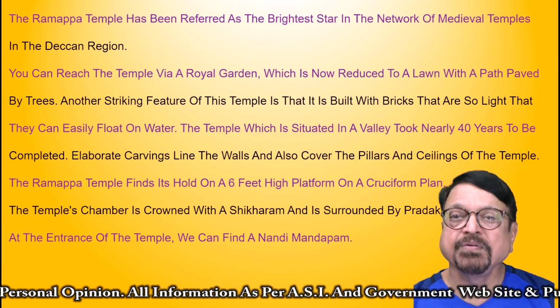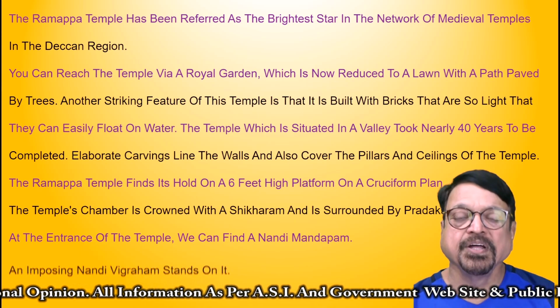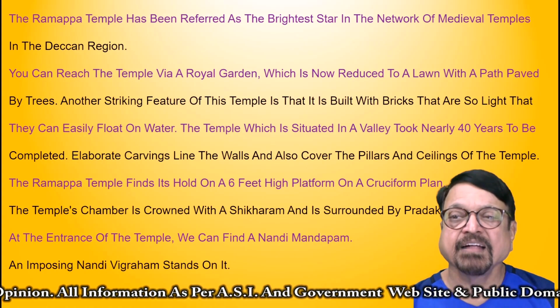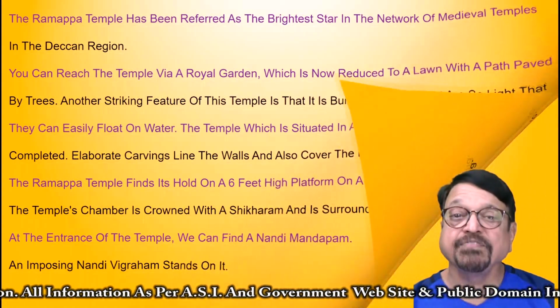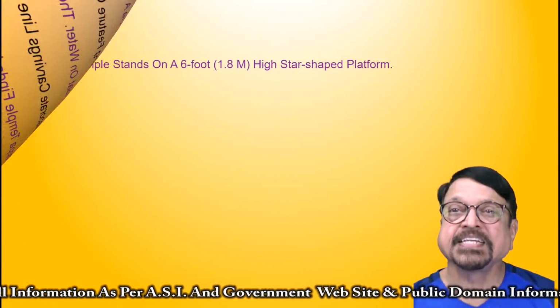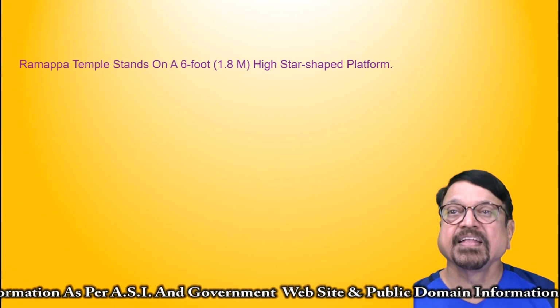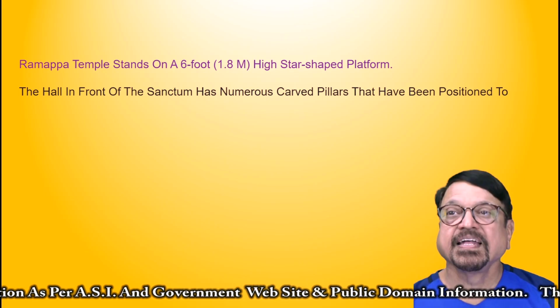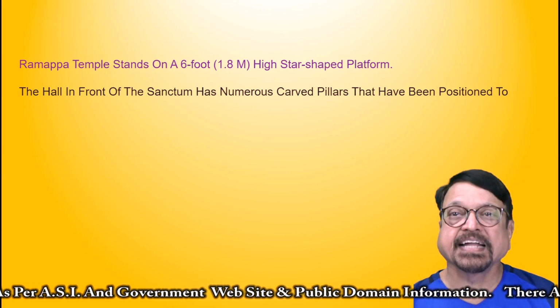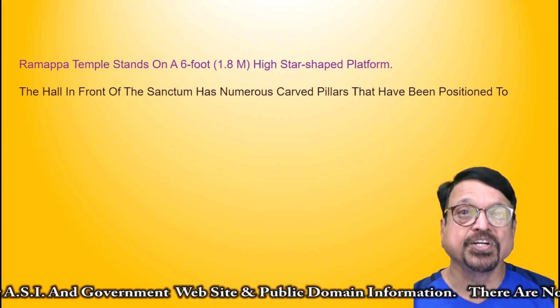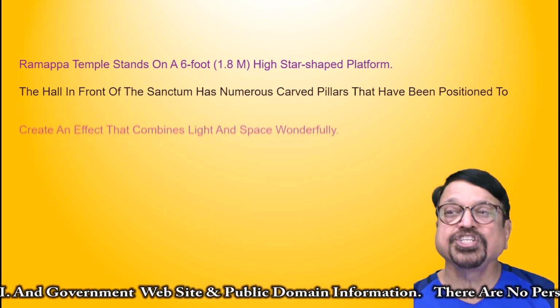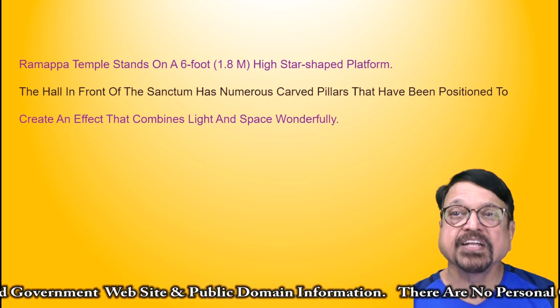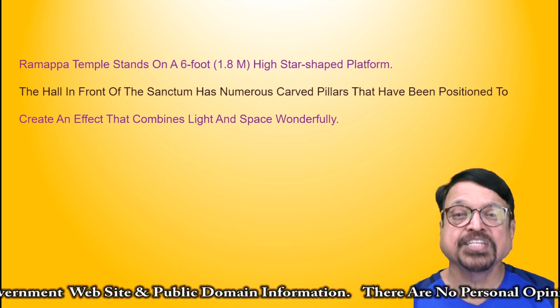At the entrance of the temple we can find a Nandi Mandapam. It is a huge, big Nandi, and there are good photographs of it. You can imagine the size of it by the people standing next to it. The hall in front of the sanctum has numerous carved pillars that have been positioned to create an effect that combines light and space wonderfully.